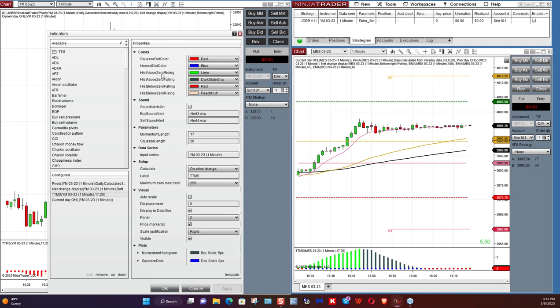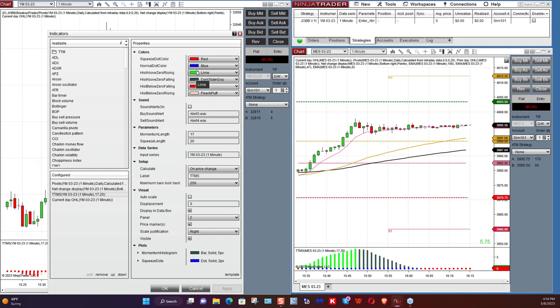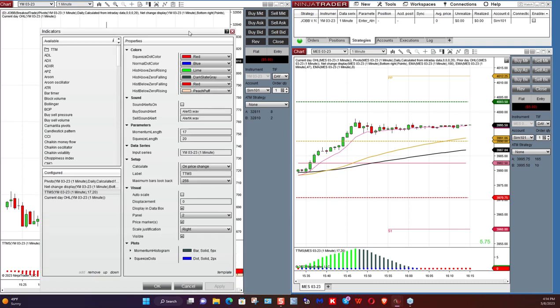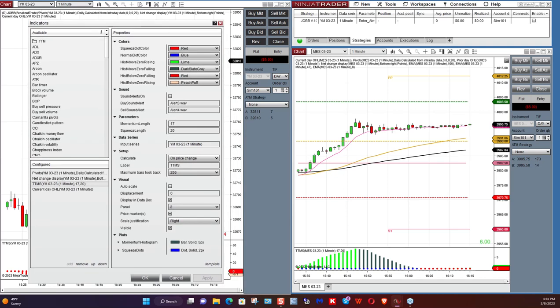You just want green and dark green, red and very light red. The bottom four: green, dark green, red, and light red. Okay. And you can clearly figure out the way you do your color. You just want to be able to see clearly a momentum change. Okay.